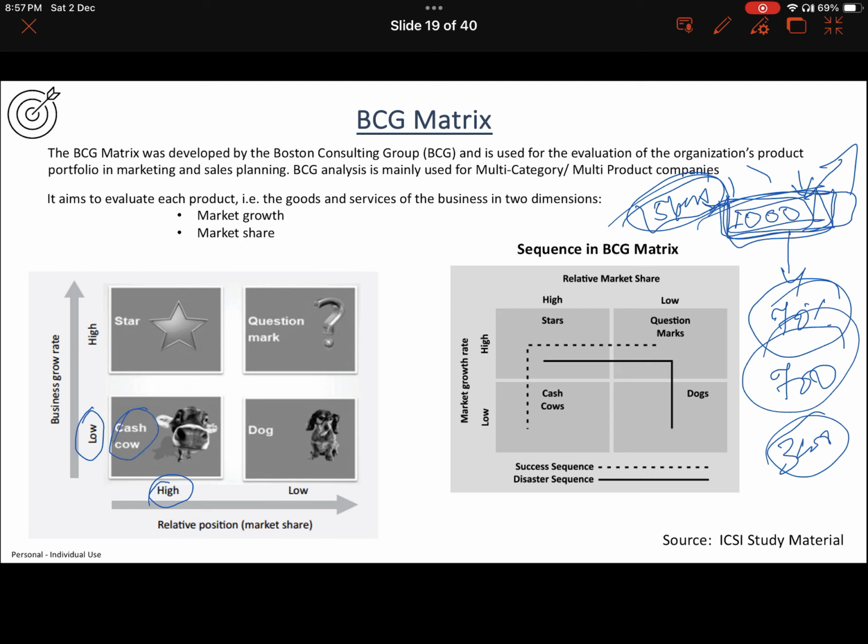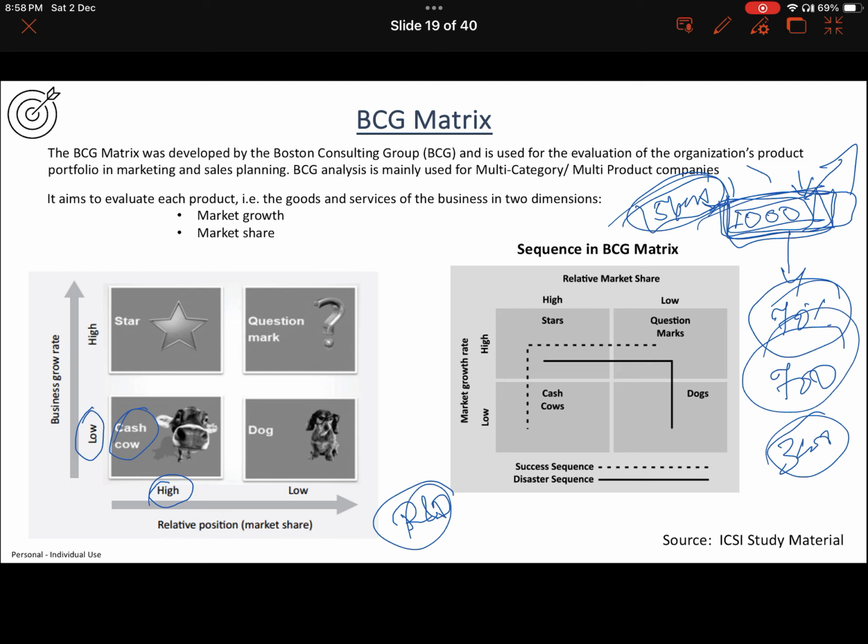What is a cash cow? Let us see that in the next slide. A cash cow is a situation where the company's market share is high but the market growth rate is very low. In this situation, the company should not invest in R&D for that product, because that segment itself is not growing.